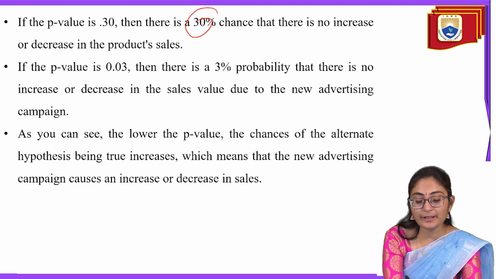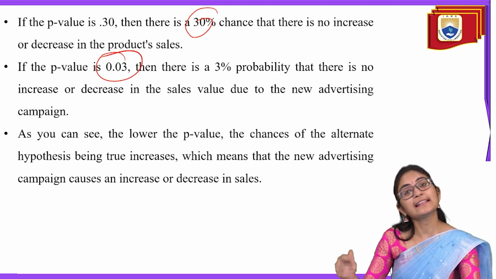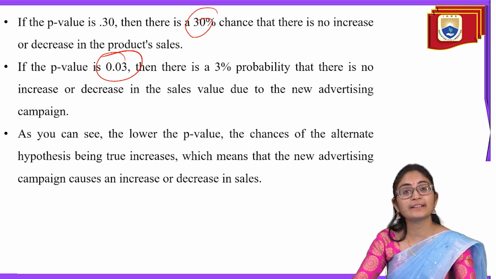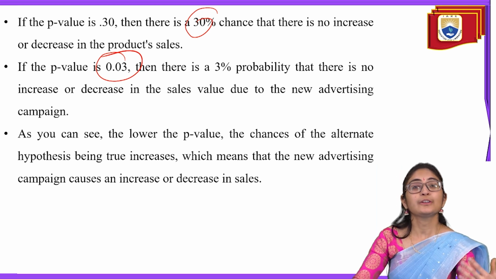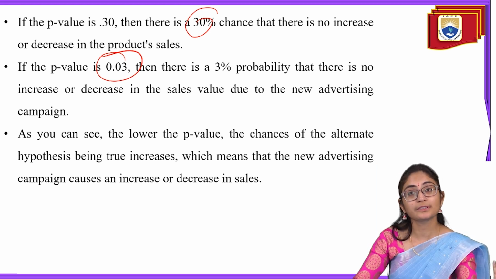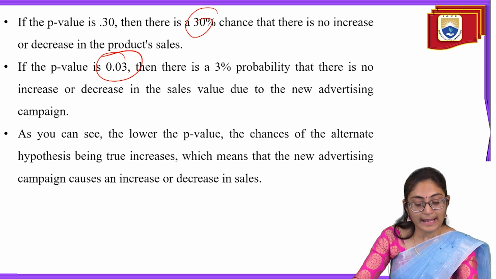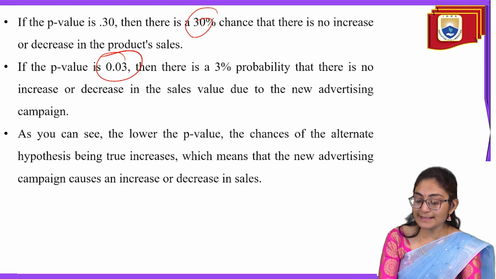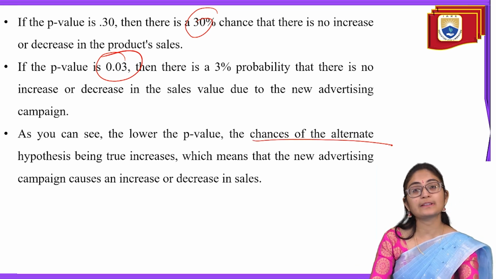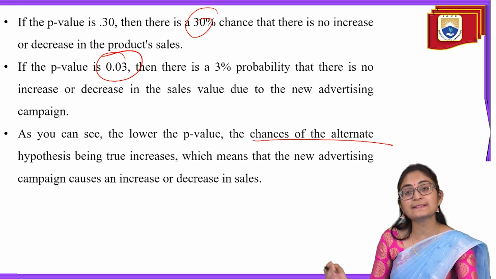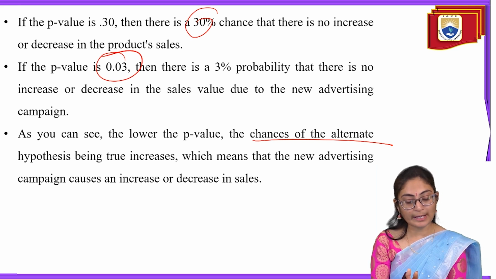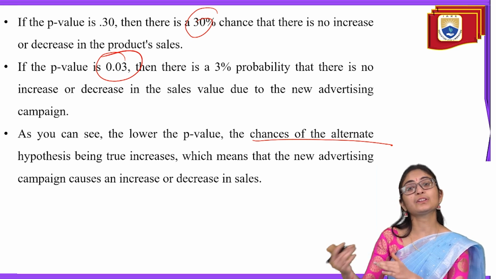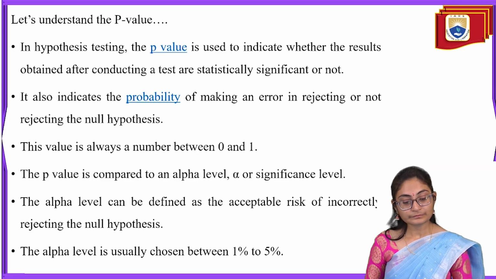And if the p-value is 0.03, then there is a 3% probability that there is no increase or decrease in the sales due to the new advertisement campaign. And the lower the p-value, the more the chance of the alternate hypothesis being true increases, which means that the new advertising campaign causes an increase or decrease in the sales.